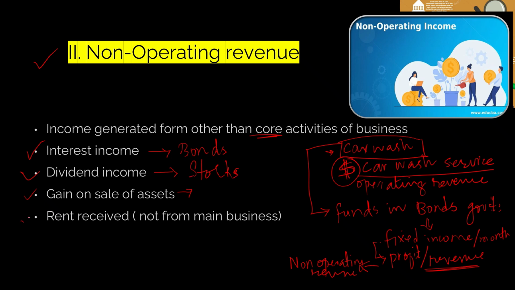Rent received, for example from a renting business, but that is not the main core business. It is a side business, not the main business. That profit is also considered non-operating revenue.